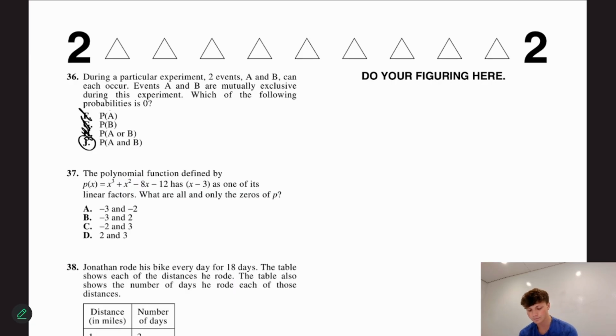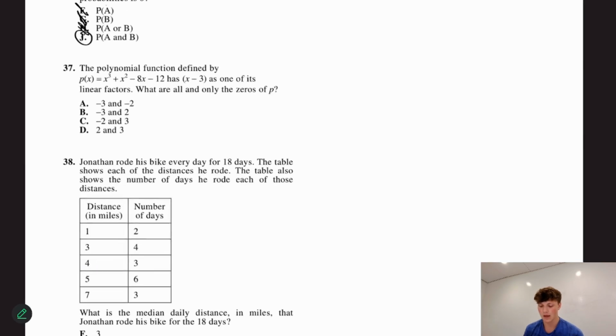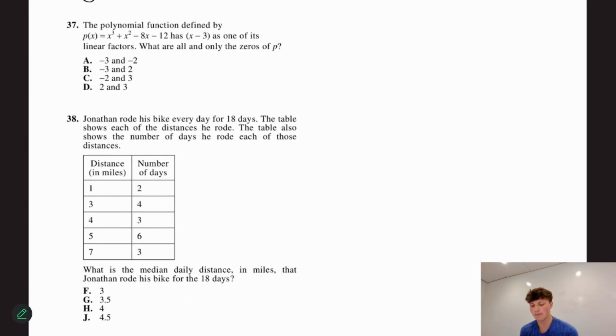Okay, question 37. The polynomial function defined by p of x equals x cubed plus x squared minus 8x minus 12 has x minus 3 as one of its linear factors. What are all and only the zeros of p? Basically it's asking what are the zeros of the function p of x.